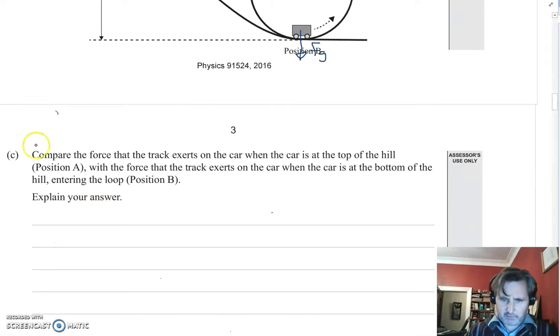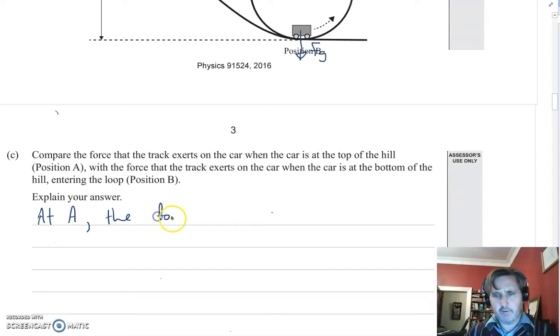At position A, the forces are balanced. You can say the net force equals 0, as it is not accelerating.